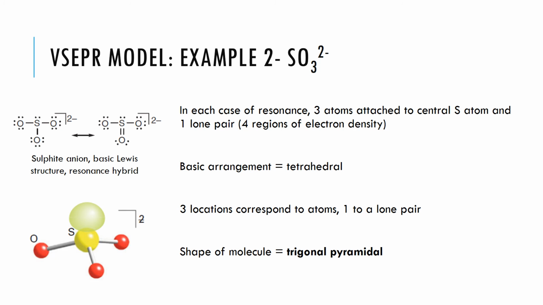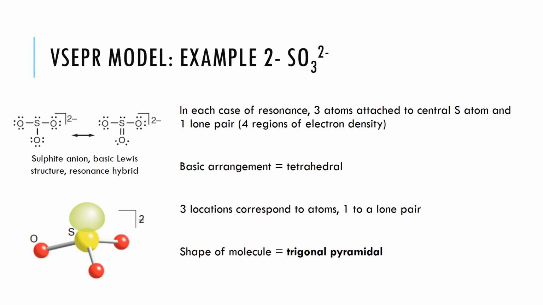Now let's have a look at SO3 2-. This is a molecule that shows resonance, but in each case there are 3 atoms bonded to that central sulfur atom and 1 lone pair of electrons.